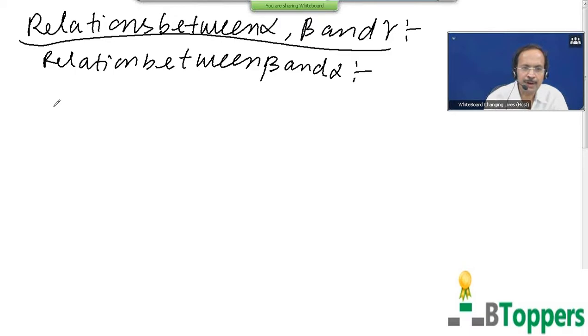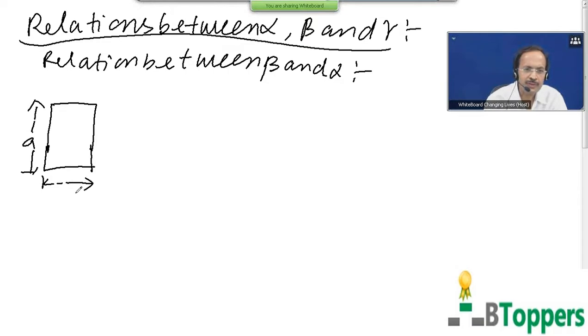So let us consider a uniform rectangular plate with length a and breadth b. Length denoted by small letter a and breadth denoted by small letter b.